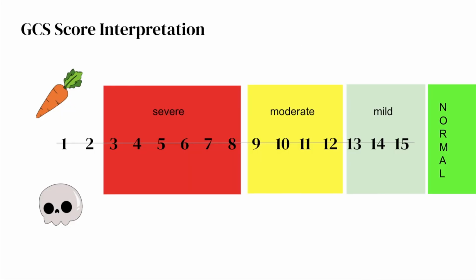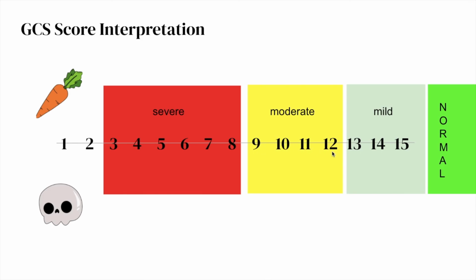Here is a score interpretation scale that I've created. You can see that greater than 15 points, if you go all the way to the right, is normal. This will be normal brain functioning, while anything from a 13 to 15 can actually be considered a mild brain injury.